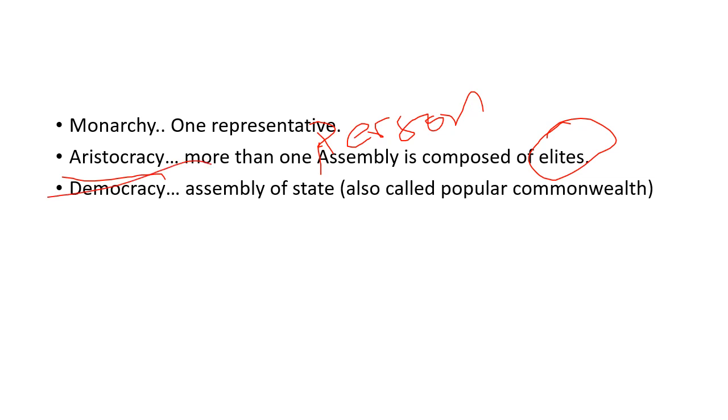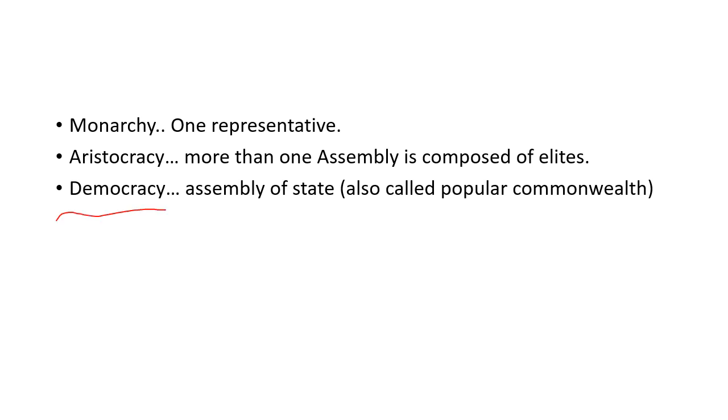And the third type is democracy. According to Hobbes, if the Commonwealth is represented by an assembly, but that assembly is composed of the whole state, then it is called democracy.